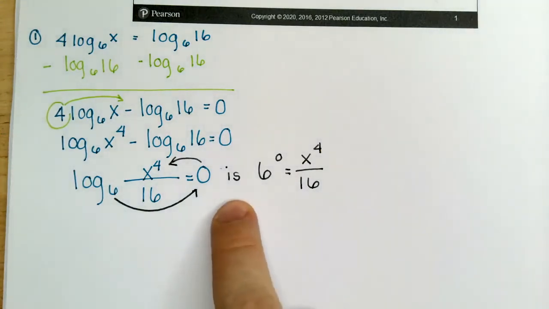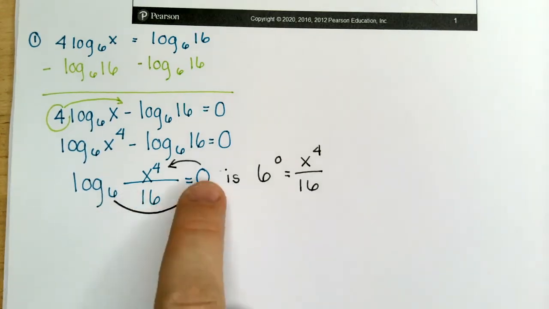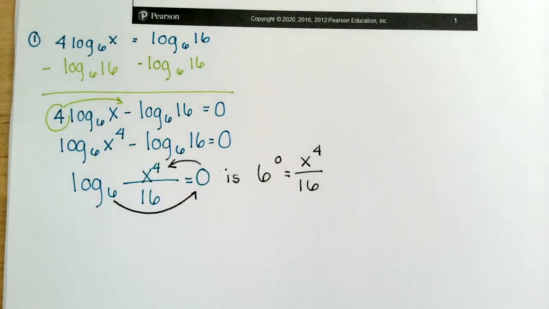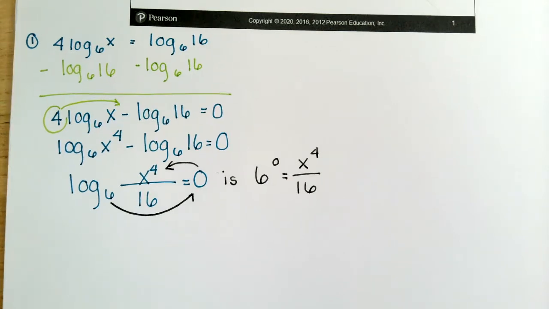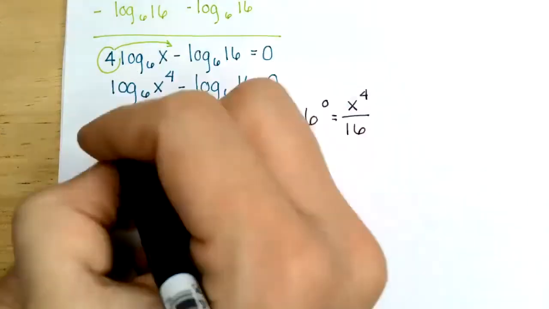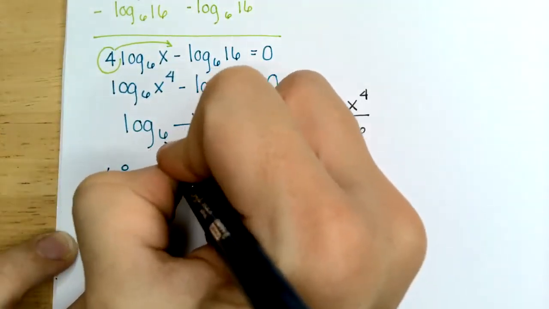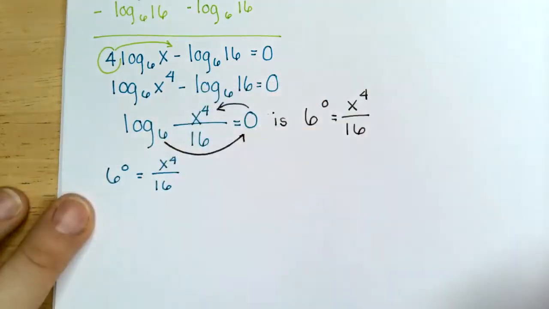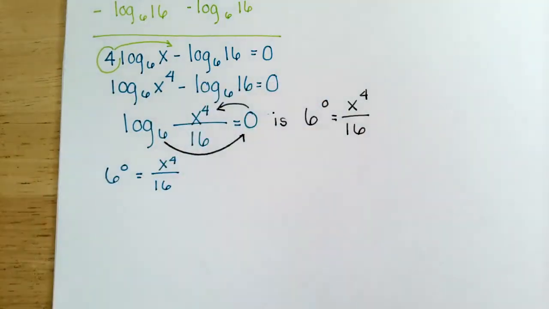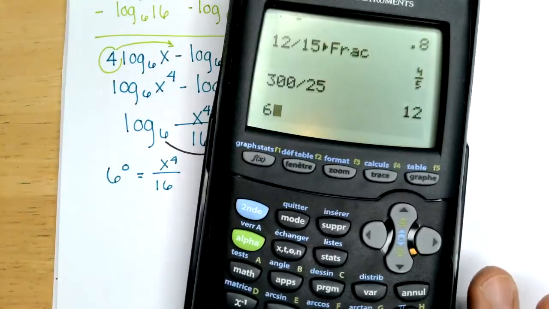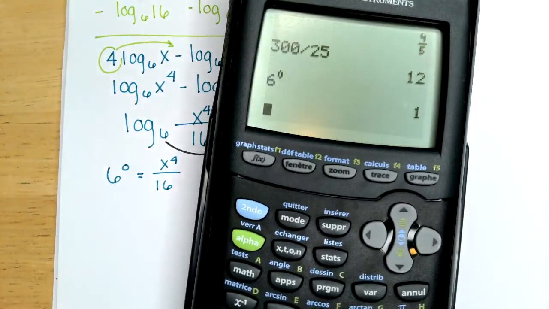And I just use the rule that says how to convert from the logarithmic form to the exponential form. Okay? So now I have 6 to the 0 power is x to the 4th over 16. Anything to the 0 power is 1, right? 6 to the power of 0 is 1.